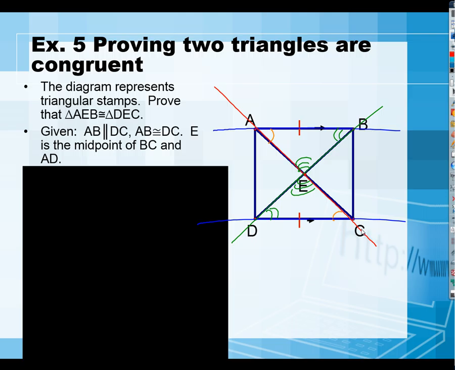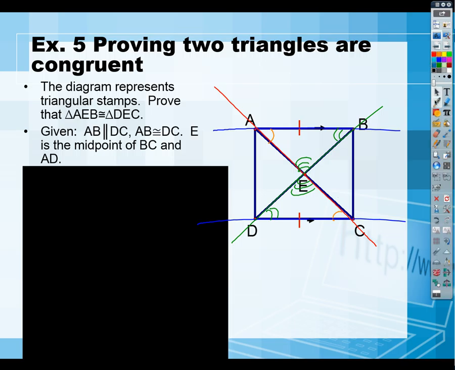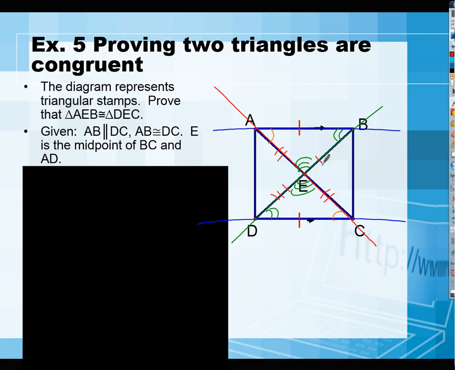Okay, the definition of midpoint tells us that each of these two segments must have the same lengths, and therefore they are congruent, right? Make sense? Okay, so we could add that congruence and that congruence, and we got it.